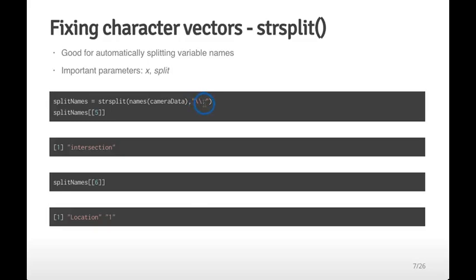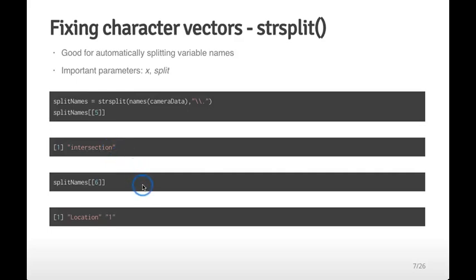When I want to split on a period, this is actually a special character used in R, so we need to escape it. We use the double backslash before the period, which just says we would like to split every element of this character vector whenever we see a period. The fifth element, intersection, had no periods, so it gets returned as the fifth element of this list, just as it was before, with no splitting.